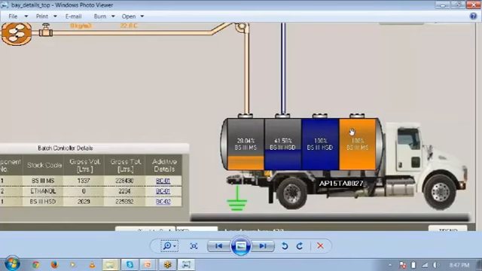We can have more than 2 compartments in the transportation unit based on the transportation unit master data and client requirements. We can load different materials in one transportation unit. If you see here, BS3MS is one material and BS3HSD is another material.